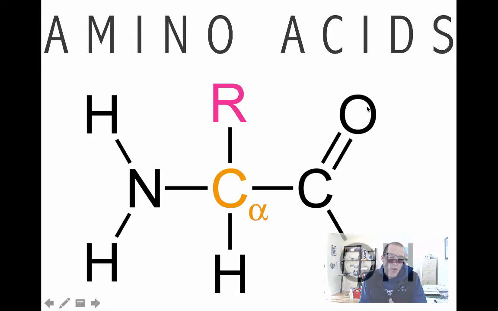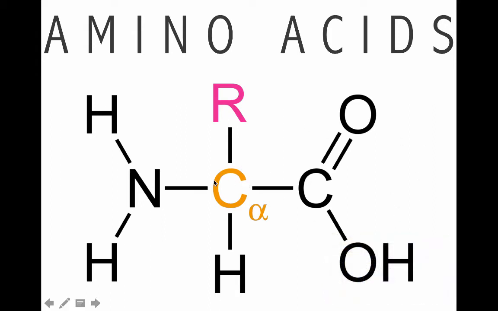So down at the other end, attached to the alpha carbon on the right hand side, as we've got it drawn here, is our old friend the carboxylic acid group, and here I'm showing it as a C double bonded to an oxygen and then a C bonded to a hydroxyl group. So we've seen this before.